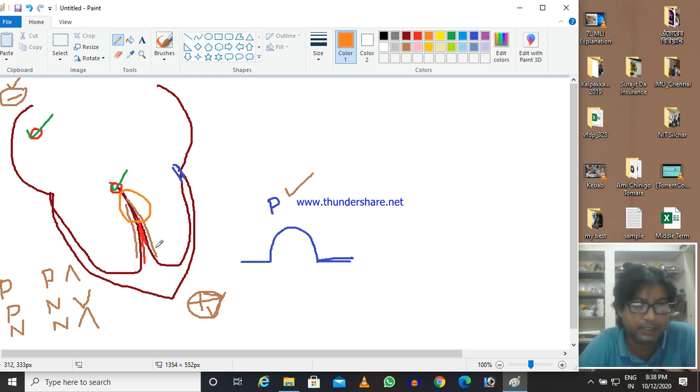First, the depolarization of the septum happens at the lower part of the left bundle branch, and then the depolarization slowly progresses towards the upper part of the right bundle branch.